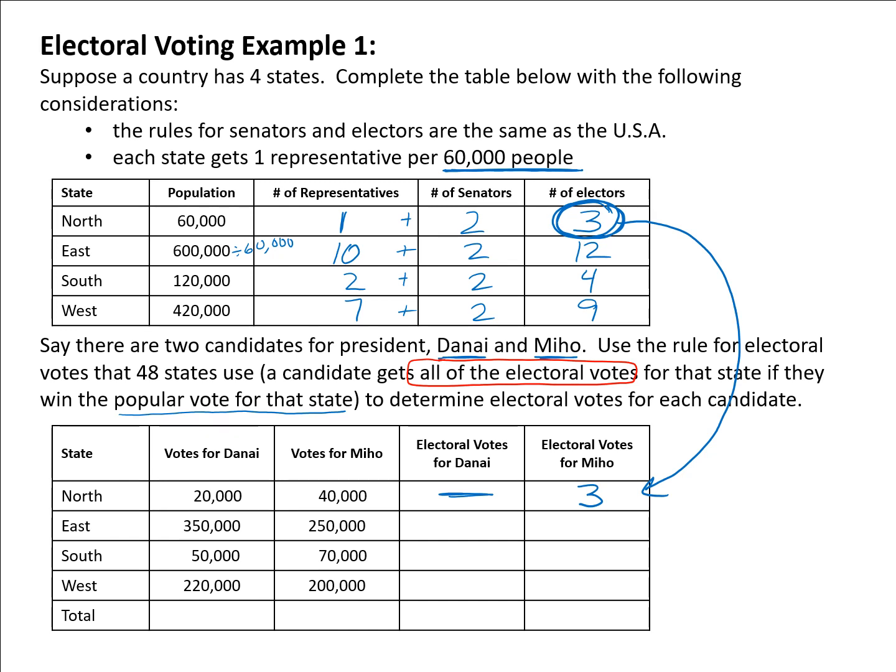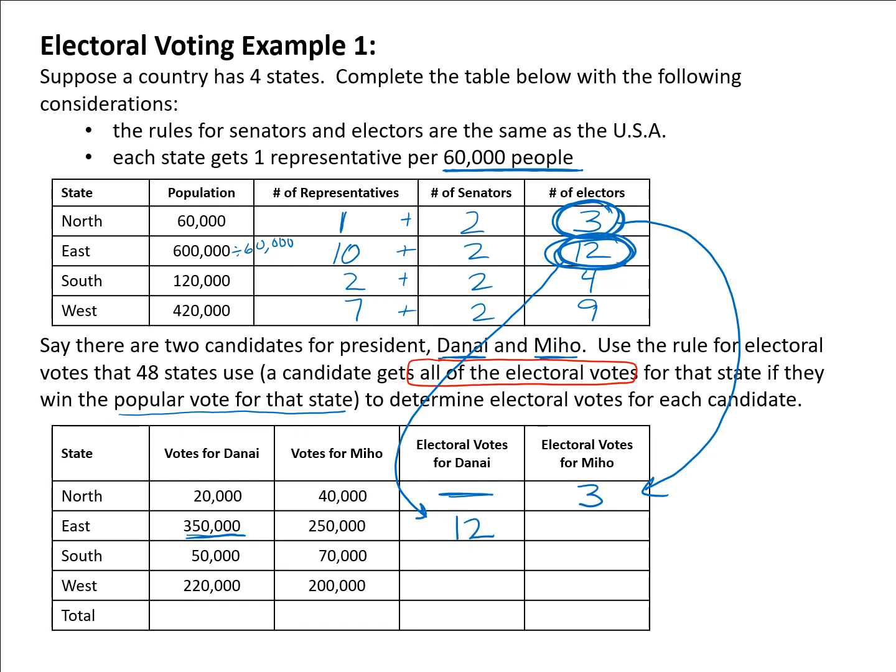All right, the state of East. In the state of East, Dene wins more votes, 350,000 compared to Miho's 250,000. So when we look at assigning electoral votes for the state of East, all of them, the 12 electoral votes the state of East had, go to Dene. All 12 go to Dene.